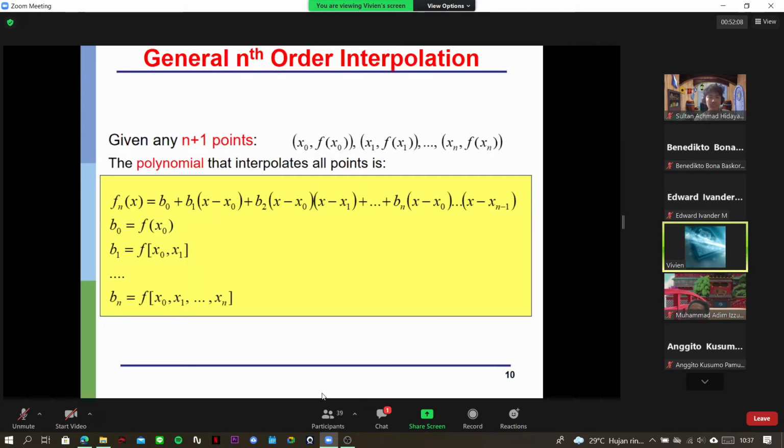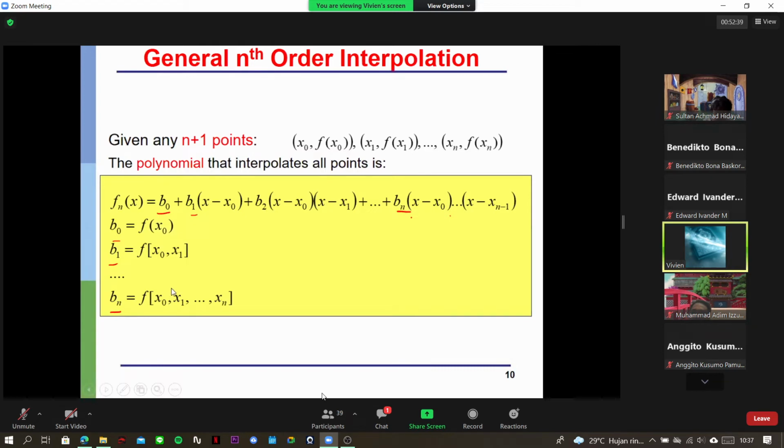If we want to increase it to nth order interpolation, then f(x) will be equal to up to pn times (x minus x0) up to (x minus xn minus 1). To find p0 and p1 is the same, but to extend to pn, we find the nth order divided difference.